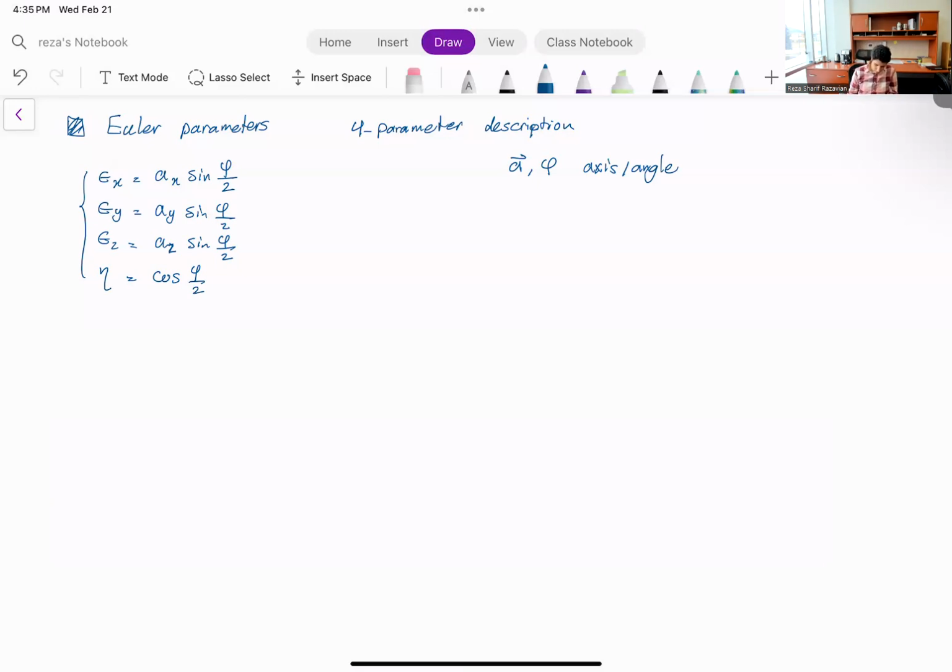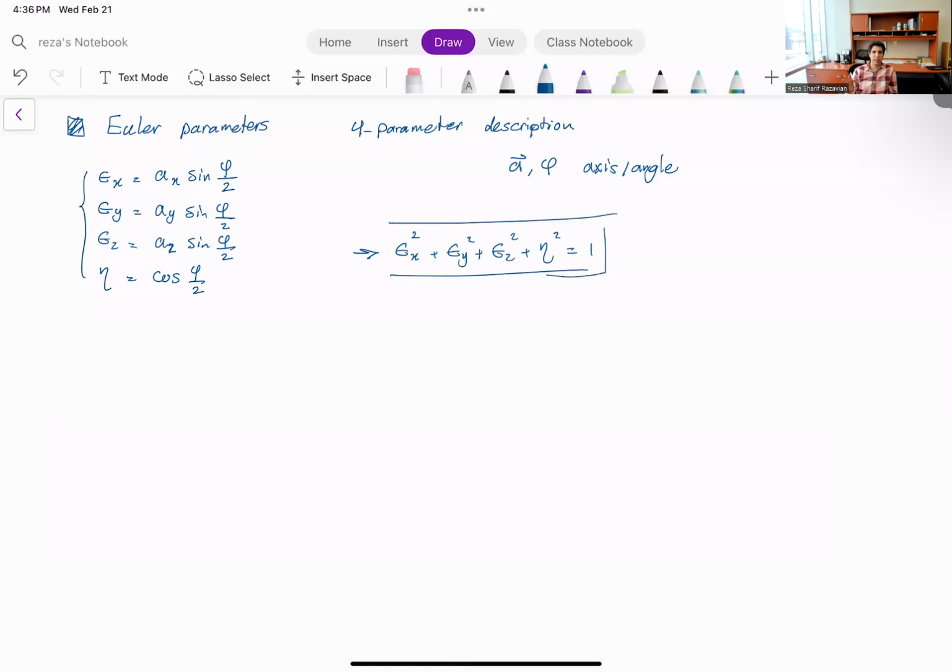And one of the features of this description is that the norm of these 4 parameters is 1. So epsilon x squared plus epsilon y squared plus epsilon z squared plus eta squared equals 1.